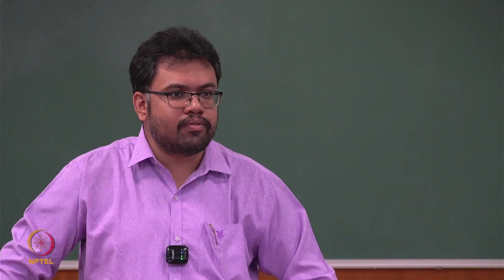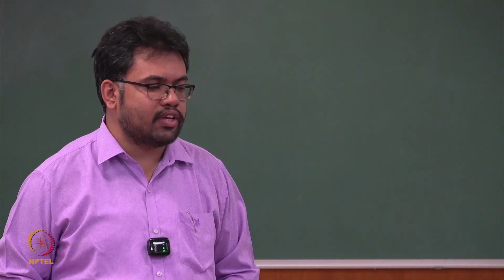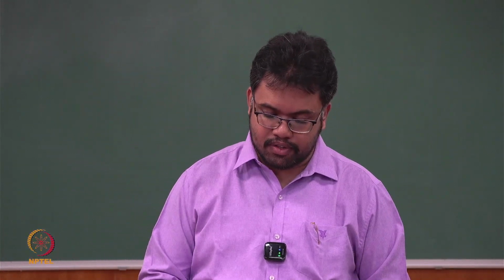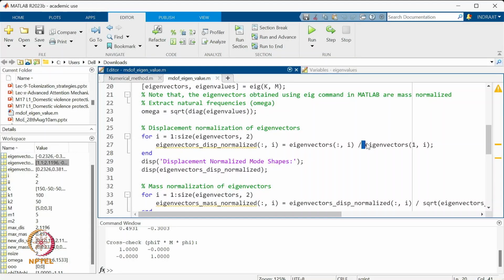Actually it should be done with the maximum one. They have made a little bit of a mistake, so it should be done by the maximum one. If you do it properly, then it will be like this: eigenvectors, and then you have to put it here. I will come into that one later.